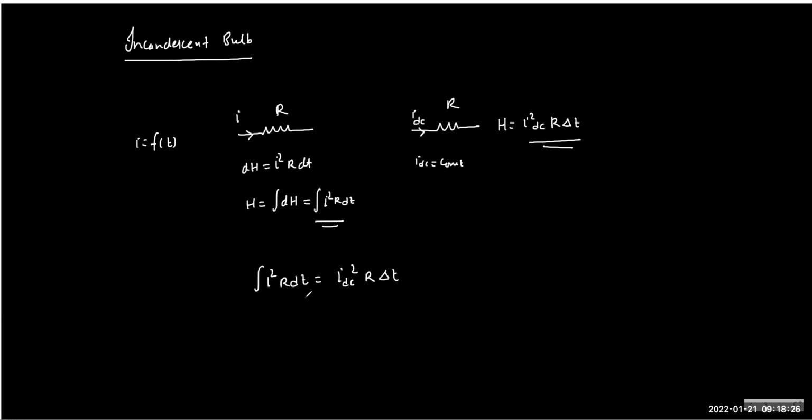And now you can see R is a constant quantity. We can take it out and cancel it. So cancelling R from both sides, what we are left with is I squared dt equals I_DC squared delta t.